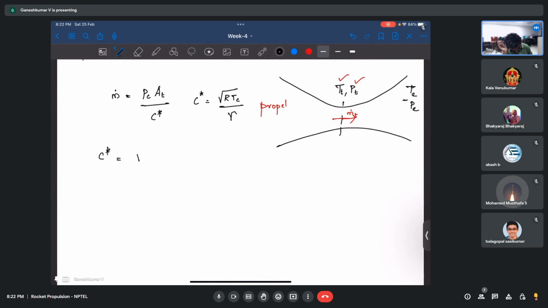We can find C star now. It's going to be the square root of R0 by molecular weight times Tc, divided by capital gamma. What is gamma? It's the square root of gamma multiplied by 2 over gamma plus 1, raised to the power.